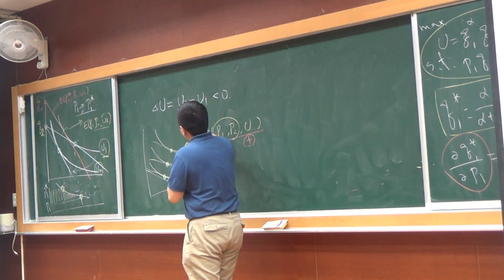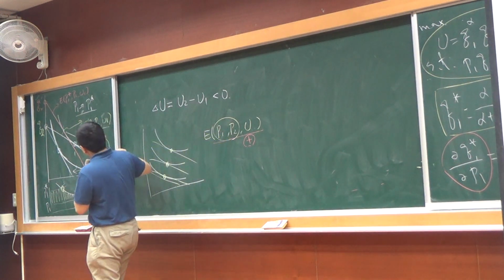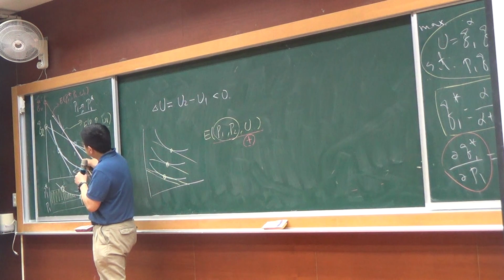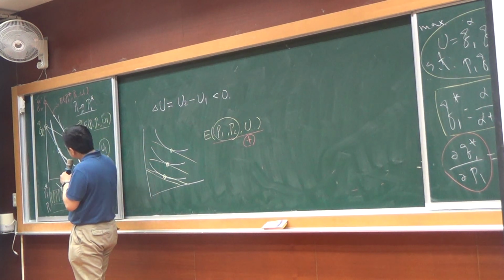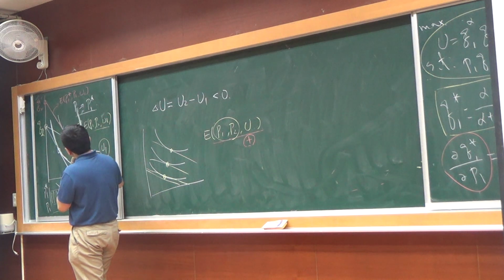So U2, U1. The U1 part corresponds to this minimum expenditure, and we need to fix P1 star, P2.